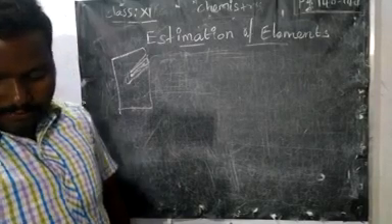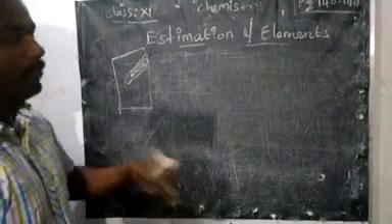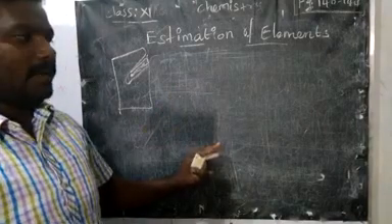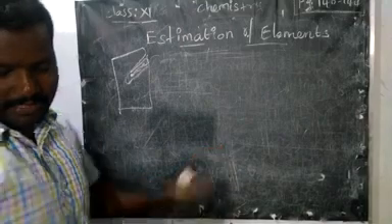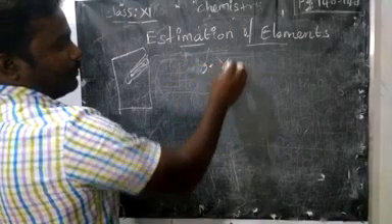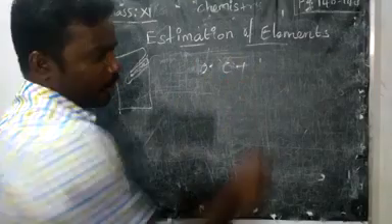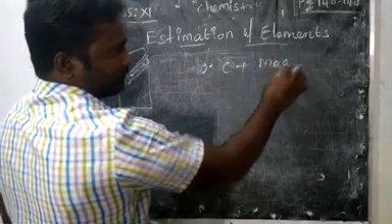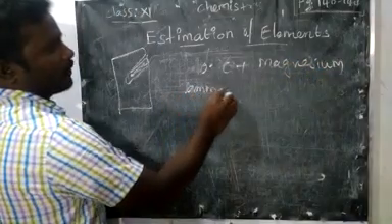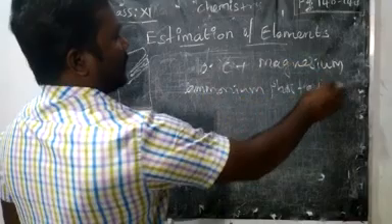See here, one more thing we have to use, magnesium ammonium phosphate, or one more method we have, right? This is one Carius method for finding mass of phosphorus. Another method is with magnesium ammonium phosphate: that organic compound plus magnesium ammonium phosphate. Phosphate, if you take, what will happen?